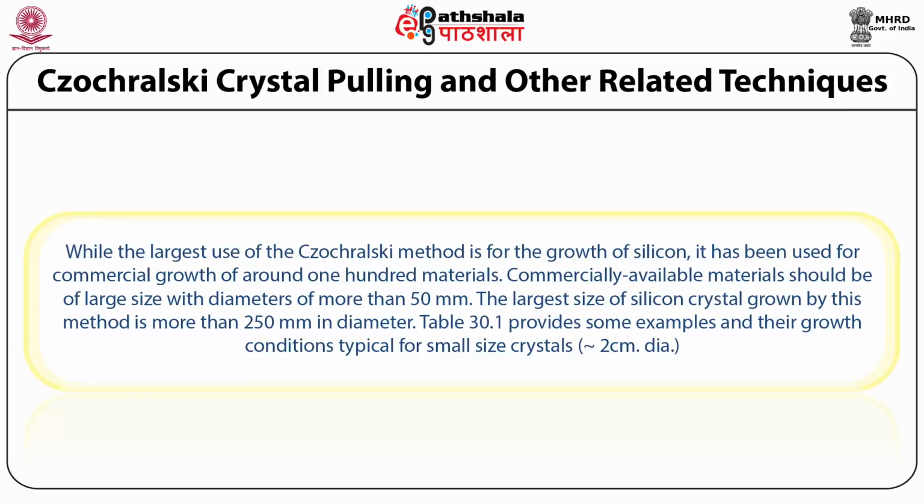The largest size of silicon crystal grown by this method is more than 250 mm in diameter. Table 30.1 provides some examples and their growth conditions typical for small size crystals of the order of 2 cm dia.